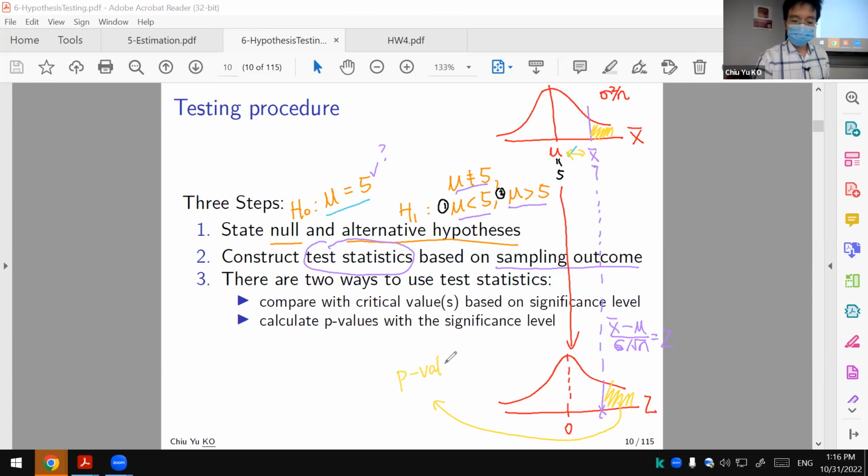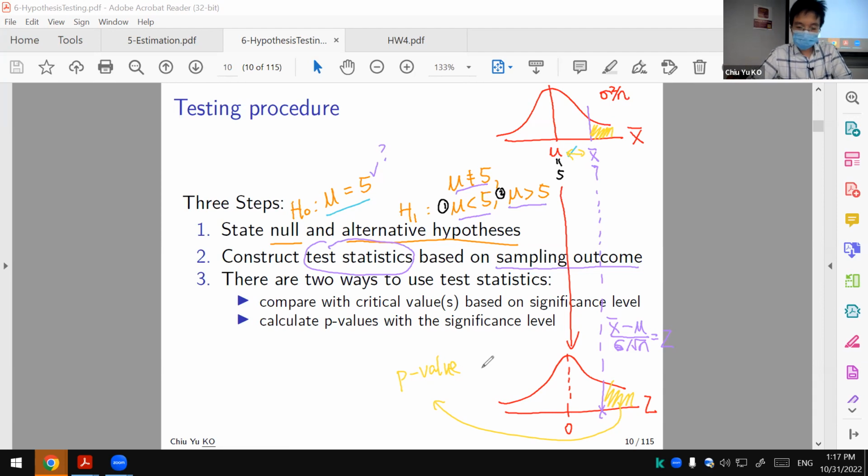If this p-value is way less than alpha, which we decide at the beginning, say less than 5%, less than 10%, or less than 1%, usually 5%, then we would reject the null and say we prefer the alternative.